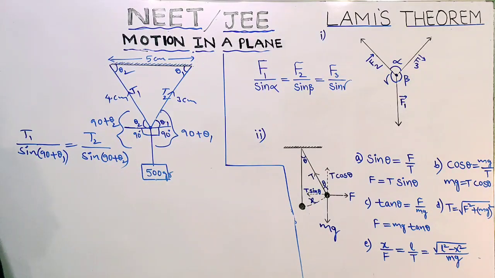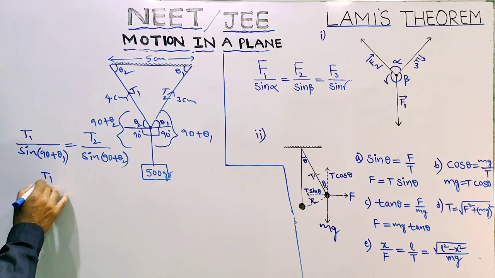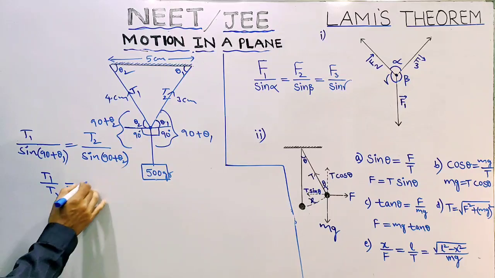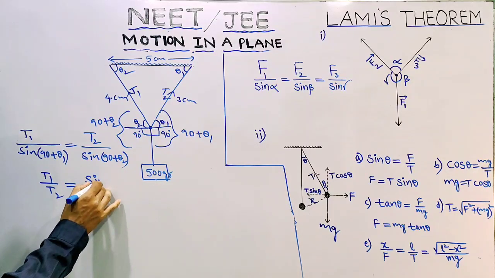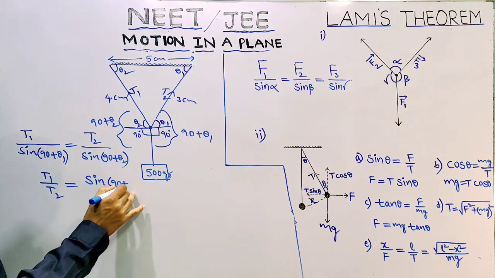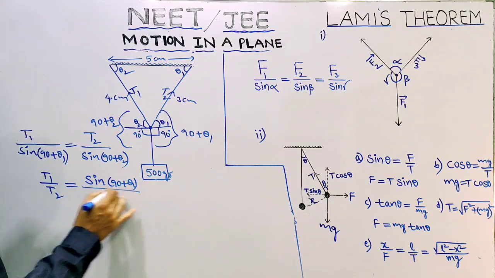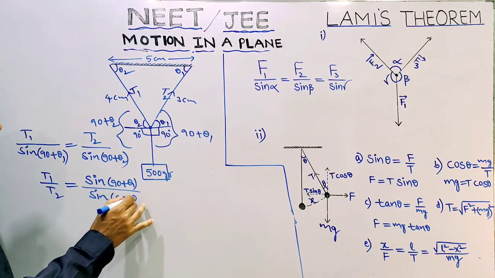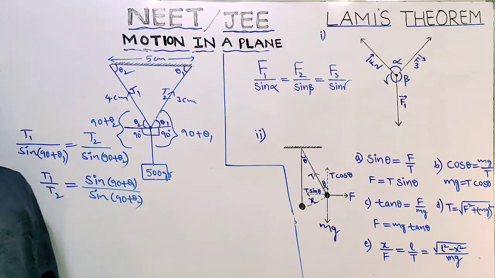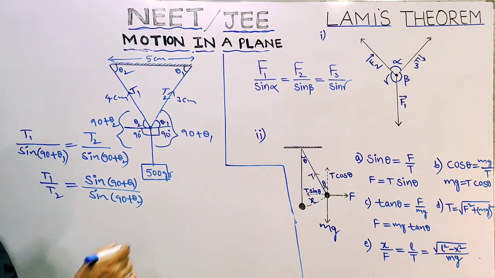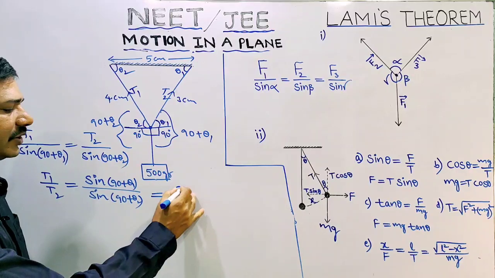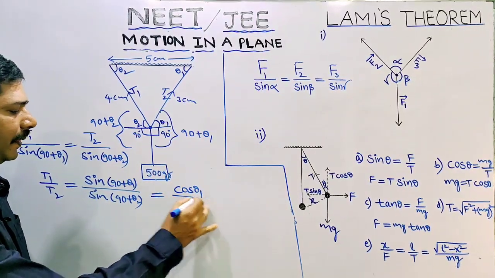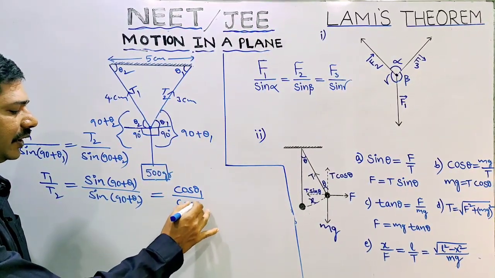Here the ratio of T1 to T2 is sine of 90 plus theta 1 divided by sine of 90 plus theta 2. Sine of 90 plus theta we know is cos theta, so cos theta 1 by cos theta 2.